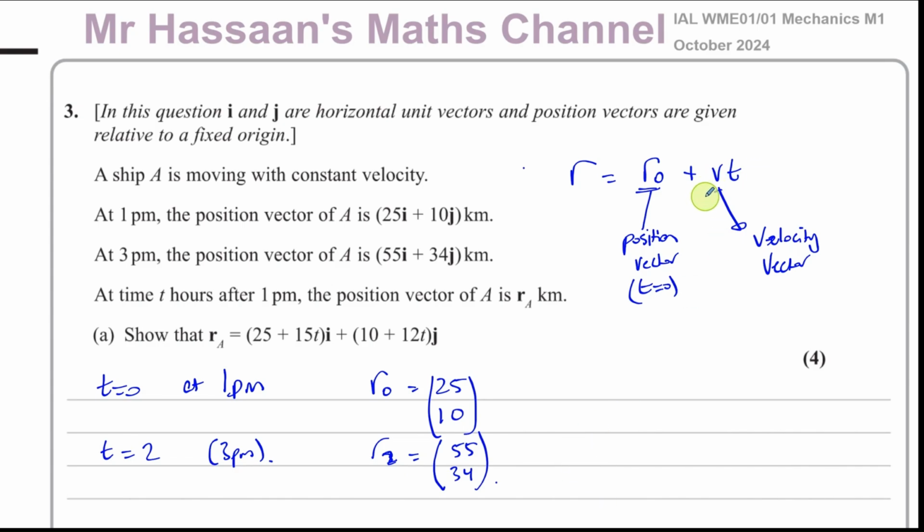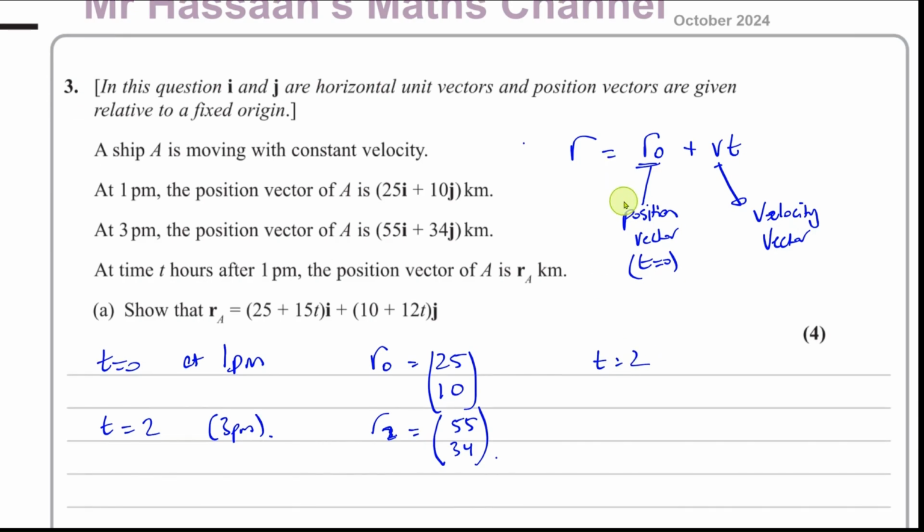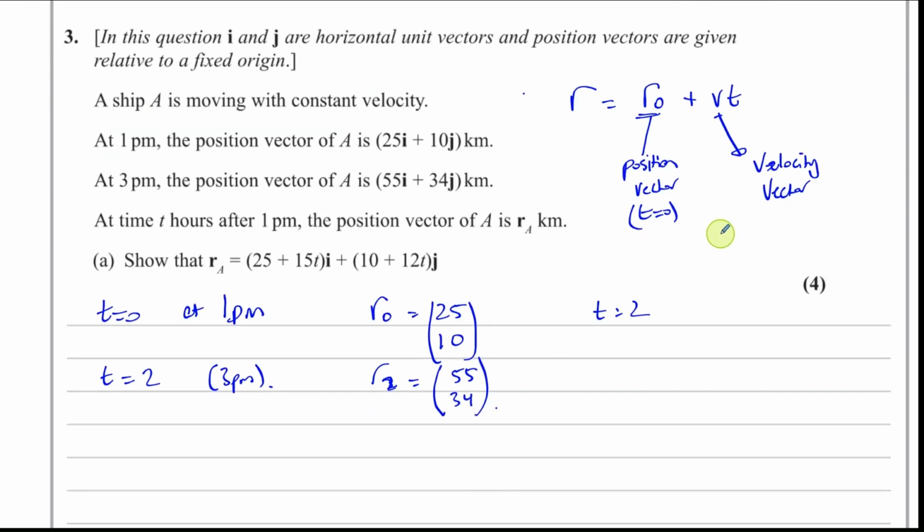I know what R2 is, I know what R0 is, and I want to find V. And I know T is 2 hours. So we can just use this formula here.